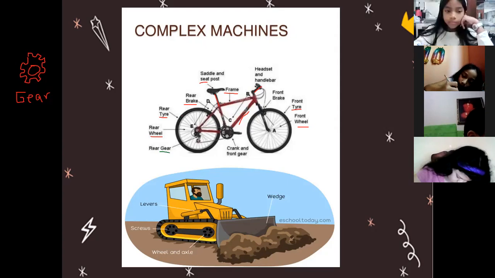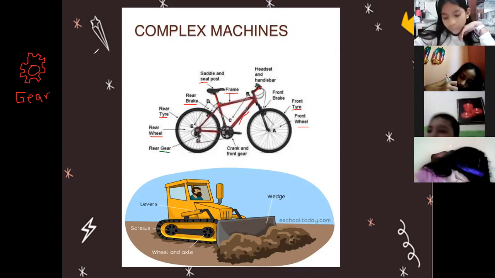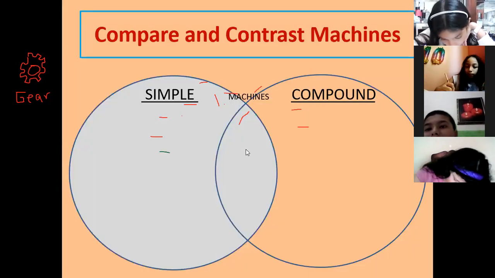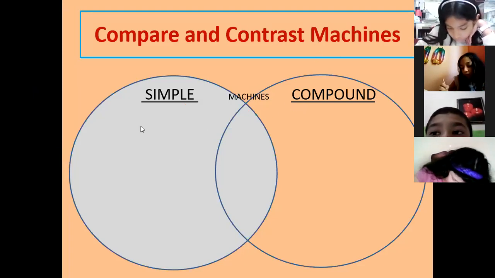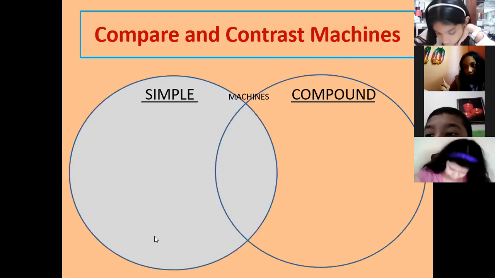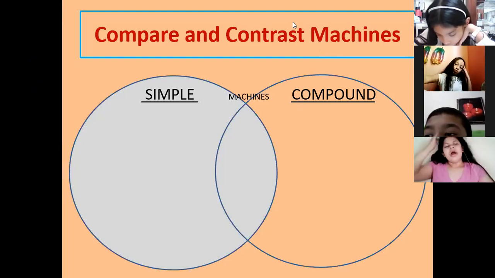Yes, Miss. Okay. So in this class, you have no homework. Oh, look at this one. Compare and contrast machines. Simple machines have one or two. No, let's just discuss. I have it here. I'm going to show it to you. But I have a question. Right? What's your question? When are we going to use quizzes again?